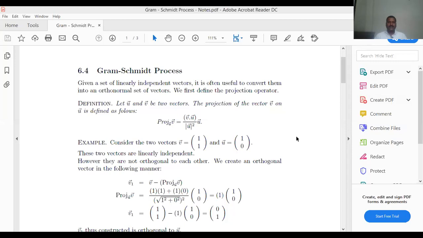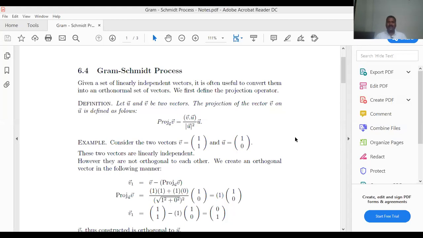Here is the process. Given a bunch of linearly independent vectors, the issue is to convert them into an orthonormal set of vectors. First, we convert them into an orthogonal set of vectors. Then converting them into an orthonormal set is a pretty simple job. The core thing lies in projection.